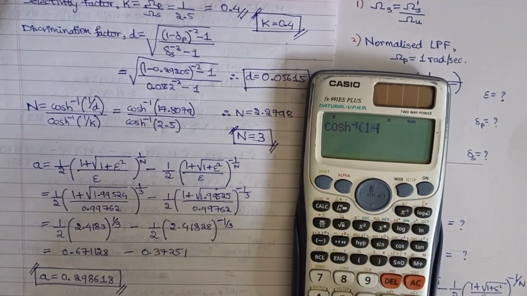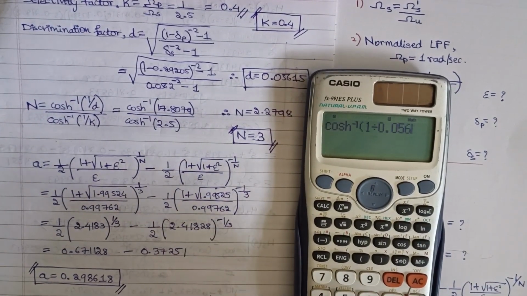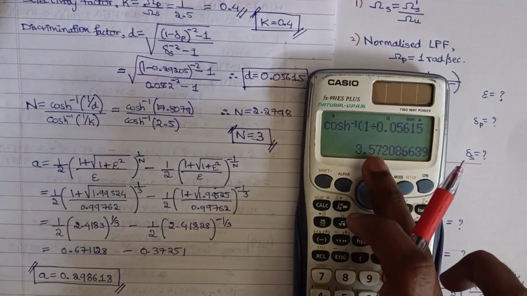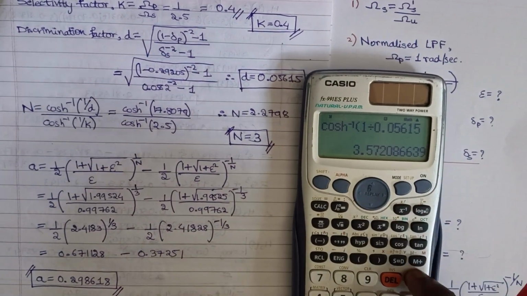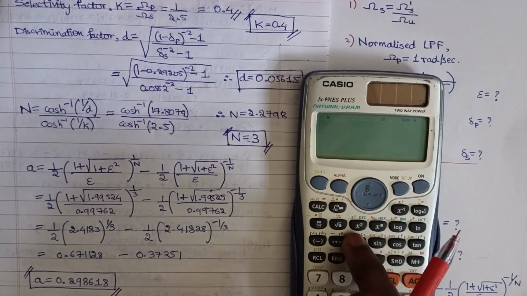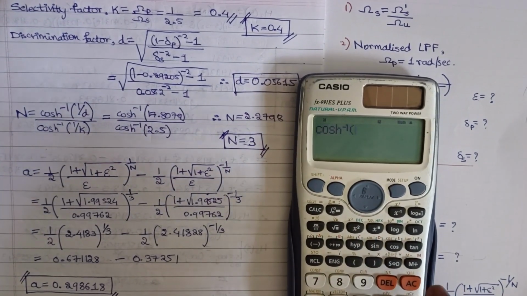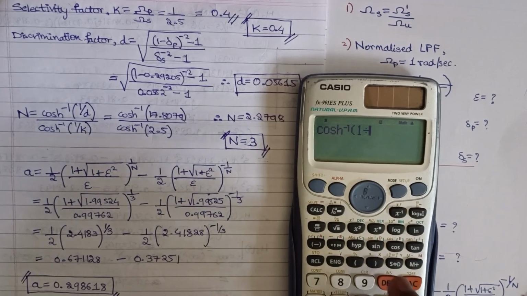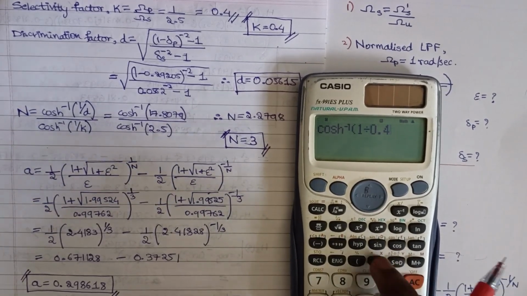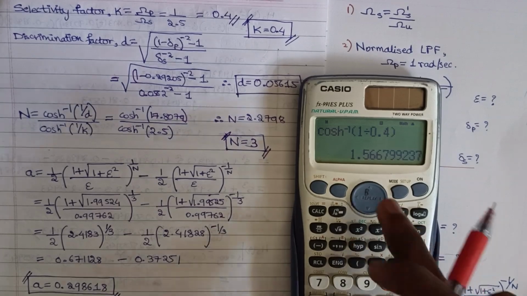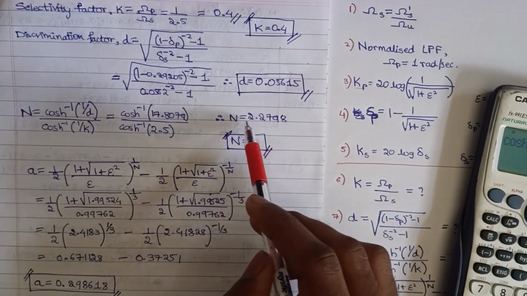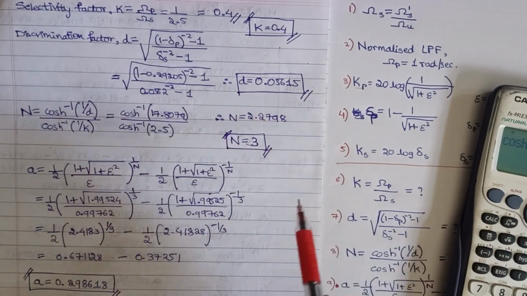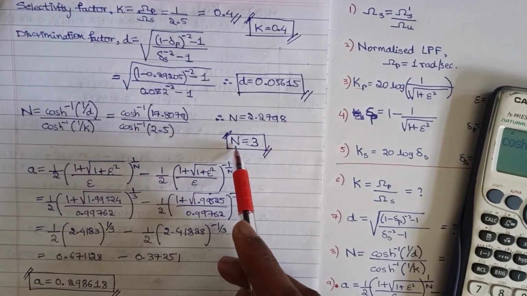Cos inverse 1 divided by 0.05615, we get 3.75. Similarly, for cos inverse 1 by K, K value is 0.4. Cos inverse 1 by 0.4 is 1.566. Dividing both the answers we get N is equal to 2.2798. Rounding off to the next integer, we get N is equal to 3.